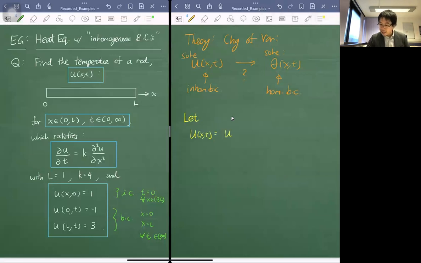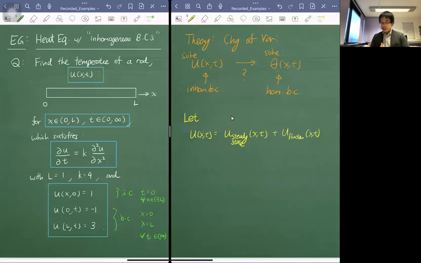One part, let me call it u steady state of x and t, plus theta of x and t. Actually, let's call it u, the fluctuation of x and t.